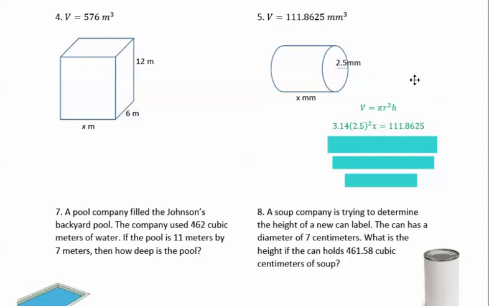From here, we're going to start solving for x. Let's square our radius first. So 2.5 squared in your calculator gives us 6.25. Next, we need to multiply. Okay, 3.14 times 6.25 gives us 19.625. x equals the given volume.